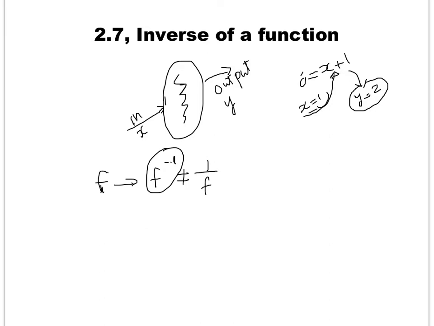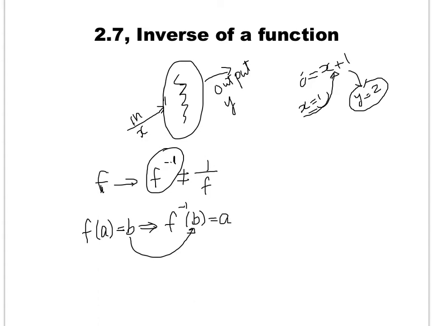Now, the main property of the inverse function and the function is the following. If you have a function f, if f of, let's say, the input a is equal to b, then the inverse function, which is f minus 1, if we give the b value, which is the output, to the inverse function, we get a.